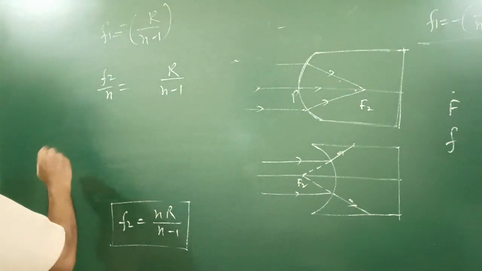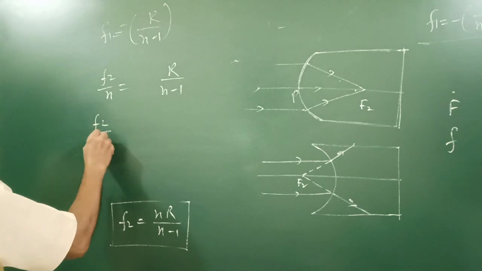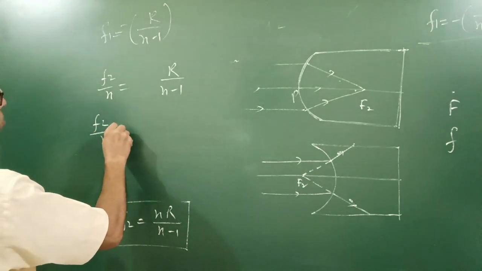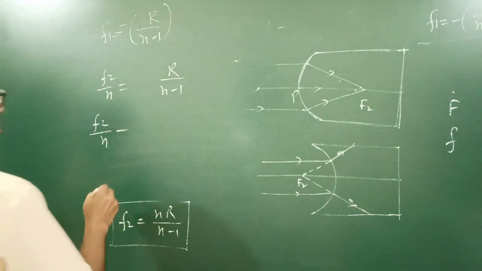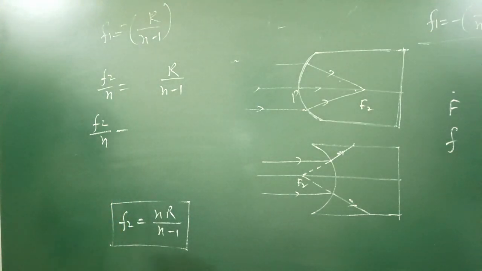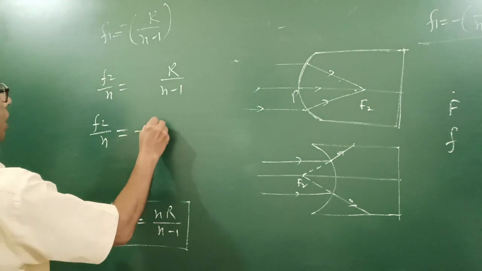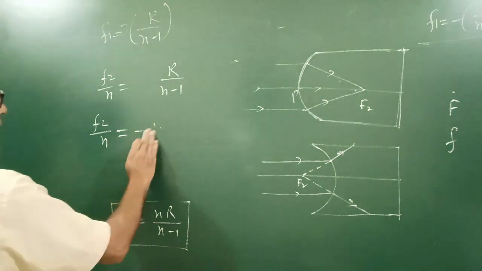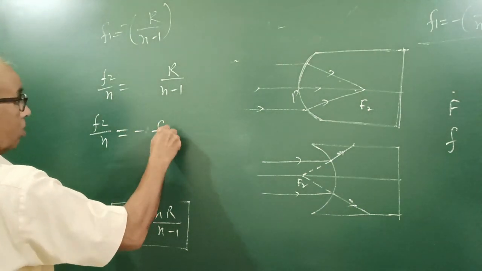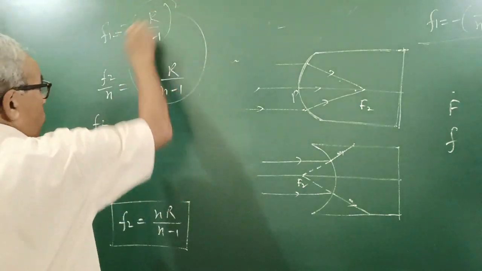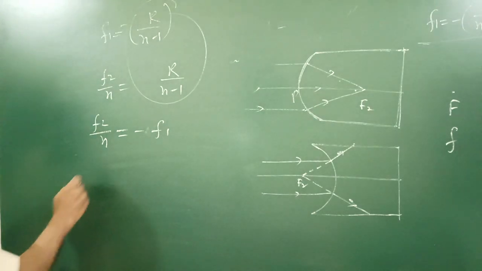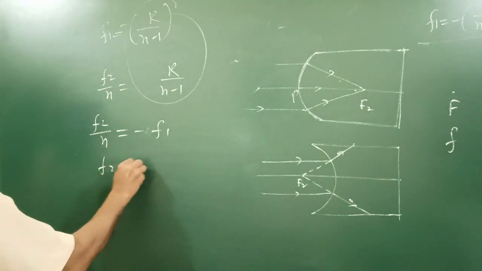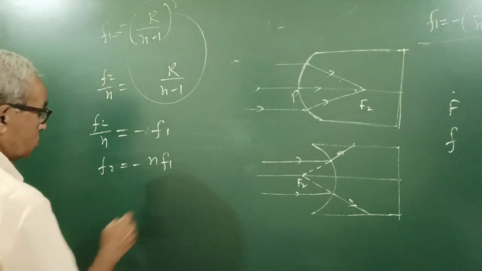So comparing this we get f2 upon n is equal to minus f1, and from here we get f2 equal to minus n f1.